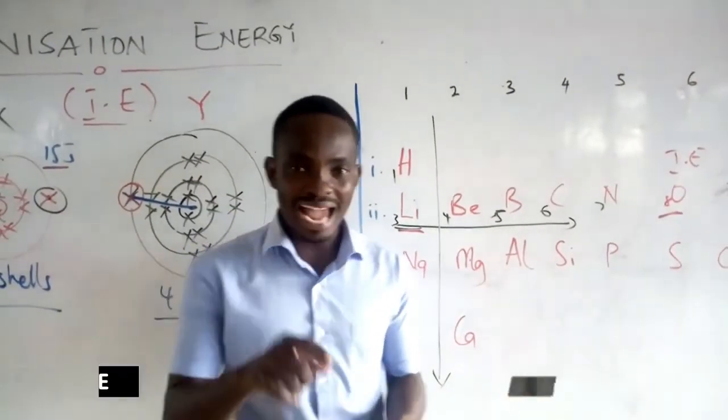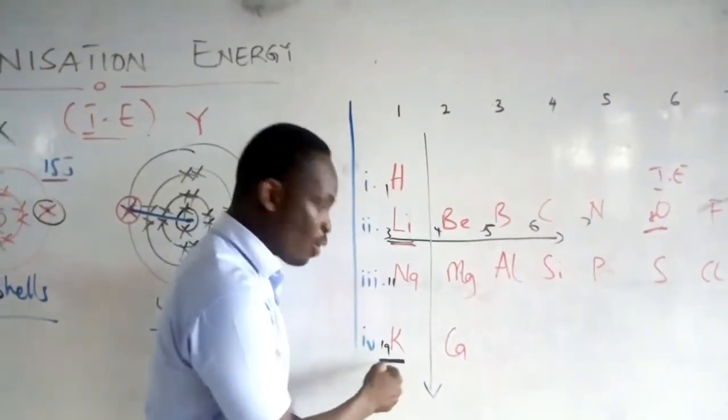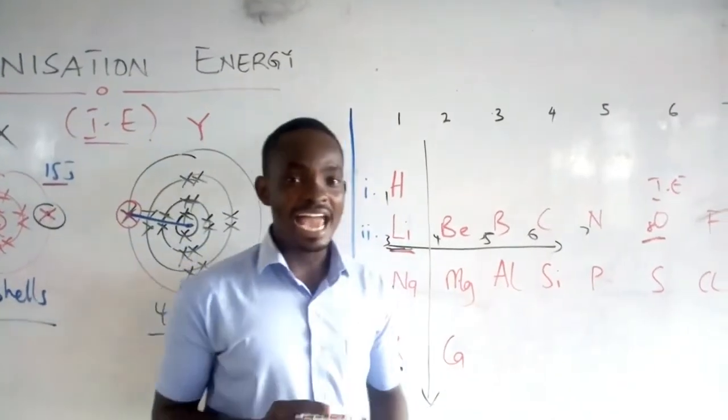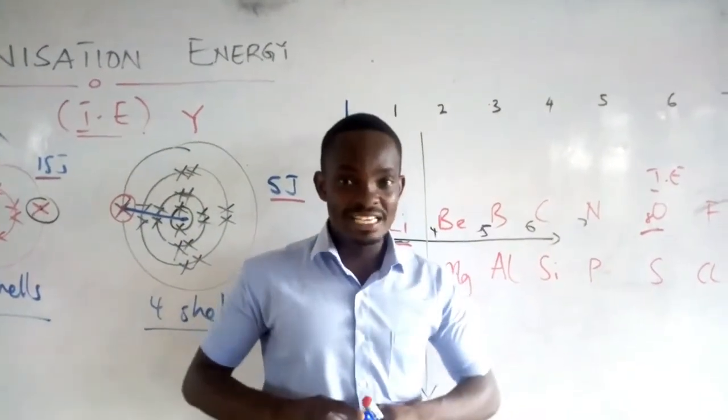This is due to their weaker nuclear attraction, which means that K will have a lesser IE, Li will have a higher IE. That is down the group. So down the group, ionization energy decreases.